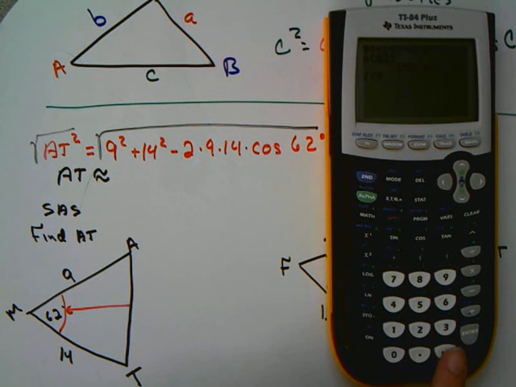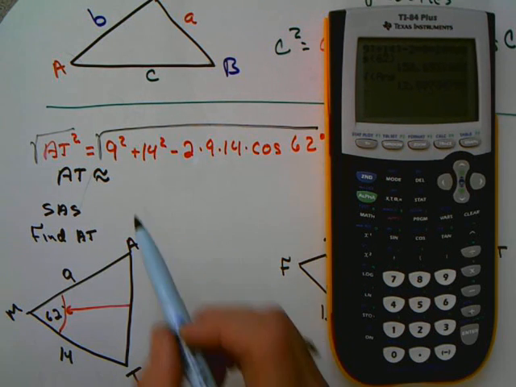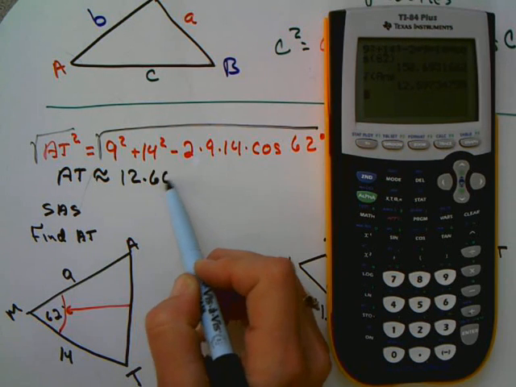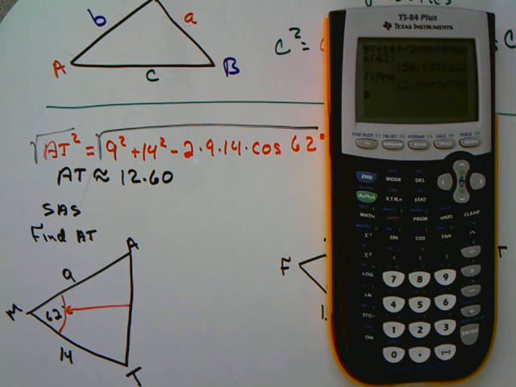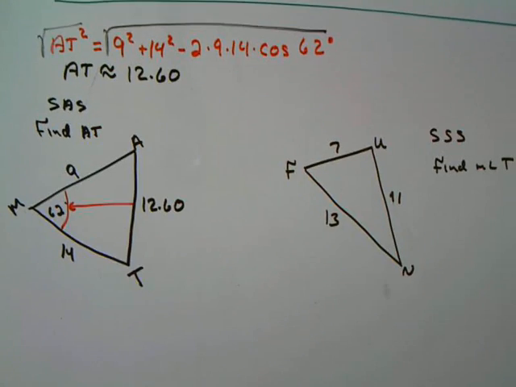I'm going to press that here, and now I'm going to square root my answer. I'll press enter, and we'll see 12.597, so if I'm rounding to the hundredths place, 12.60 is the approximate length of AT. Okay, so that's all you have to do when you're looking to find a side length.